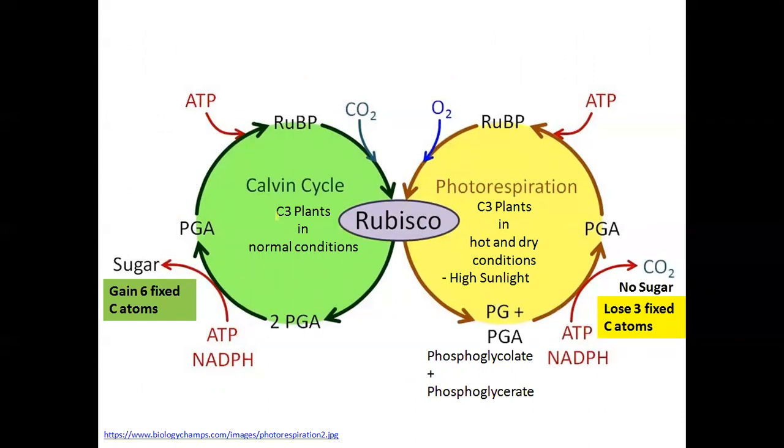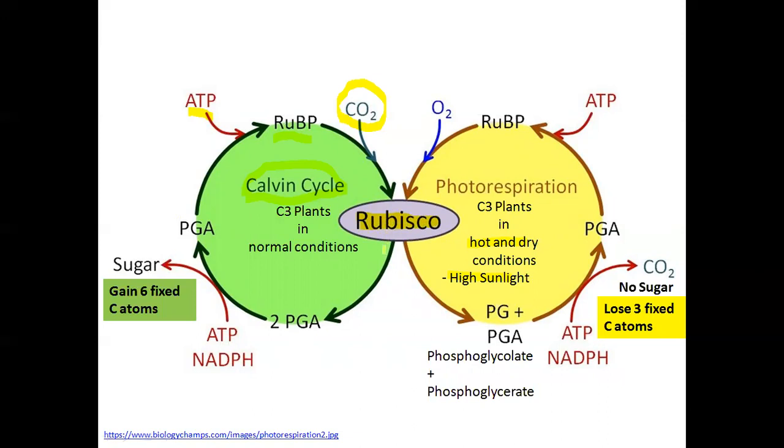Here is the schematic diagram of the normal Calvin cycle when the conditions are normal, and photorespiration when the conditions are hot and dry and there is high sunlight. In the normal Calvin cycle, ATP is used, and ribulose bisphosphate reacts with carbon dioxide; it fixes carbon dioxide. The enzyme responsible for fixing carbon dioxide is the Rubisco enzyme.